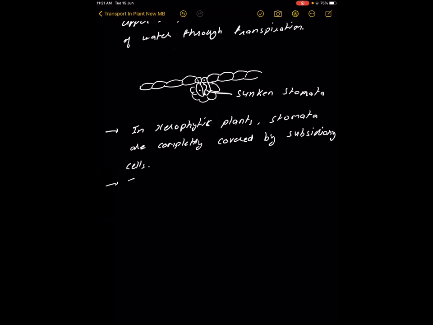Because of this covering, the stomata are found below the leaf surface, not directly on the leaf surface.